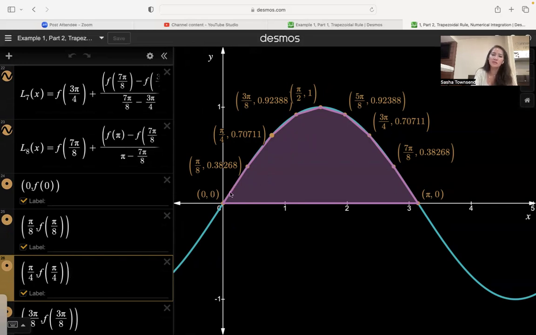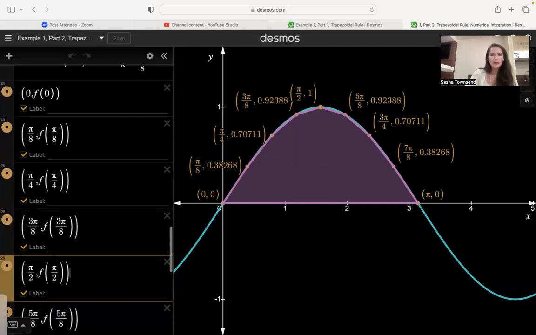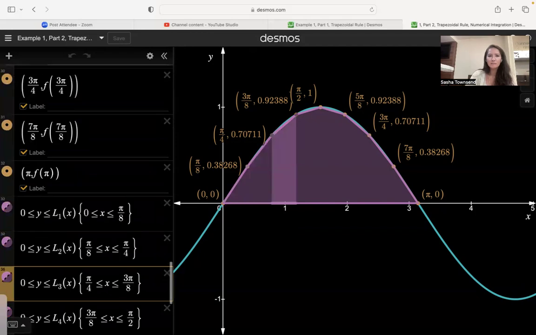But we only use the y values at the end once, for that first trapezoid and the last trapezoid. The formula for the area of a trapezoid is 1/2 of the quantity base 1 plus base 2 times height. The delta x is always our height because we're looking at those trapezoids sideways. And the bases are the function value on one side and then the function value on the other. So that's how we get that.